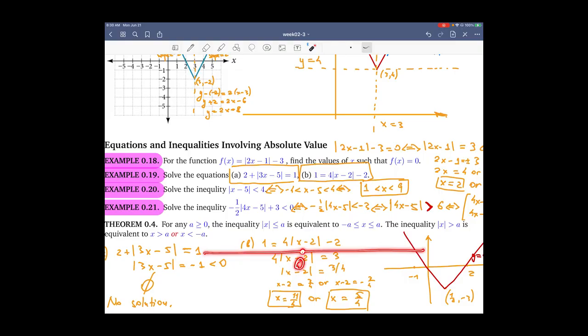We want x to be a distance less than a, where a is non-negative, from 0. The 2 points that are at distance a from 0 are a and negative a. We want x's that are at that distance or closer, so that's between negative a and a.